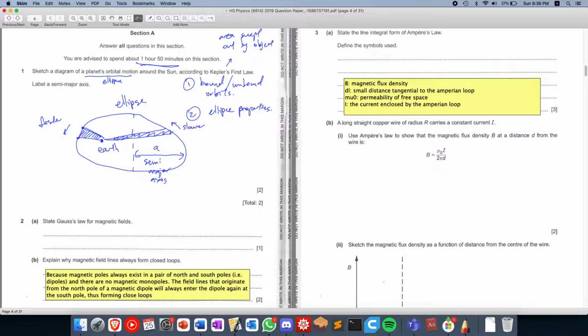Bound and unbound orbits. So for bound orbits, as a result of laws of gravitation, there are several ways an external object can interact with a massive body. So for example, this is Earth, right? And let's say we send a satellite, or let's say there's a piece of rock. So there's a rock that flies around, and it'll be influenced under Earth's gravity, of course.